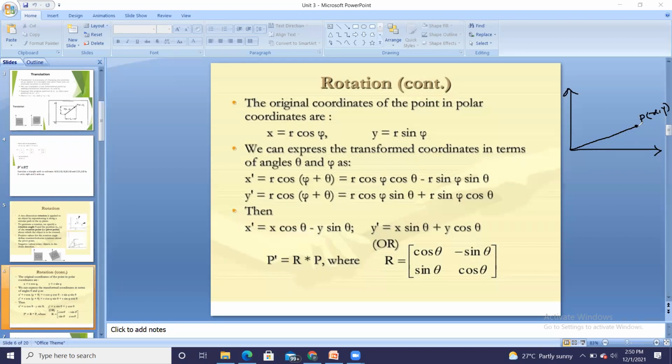Now my job is to rotate this point P to a new location P dash. So rotation of this point P to a new location. So we'll be rotating here and I will get its new location, that is your P dash with new coordinates x dash and y dash.